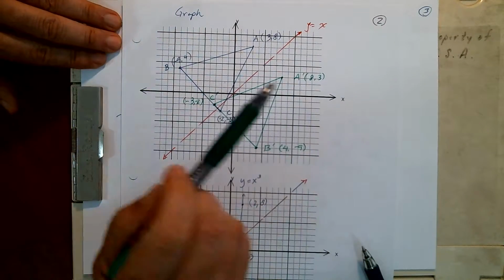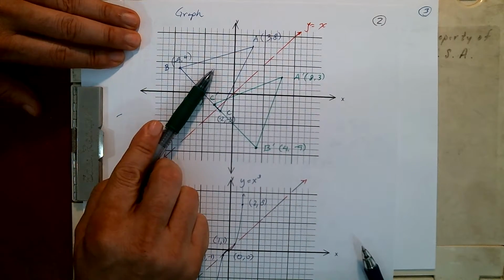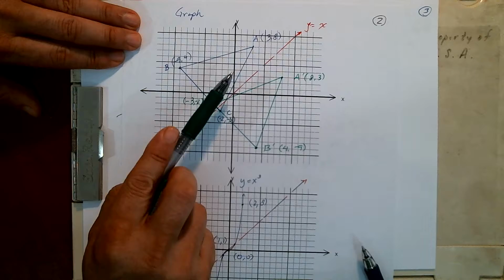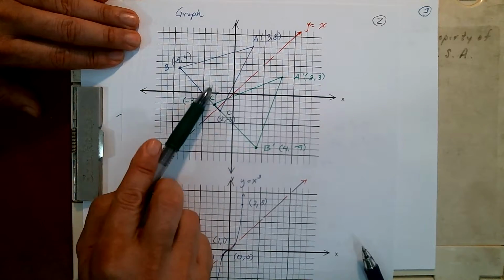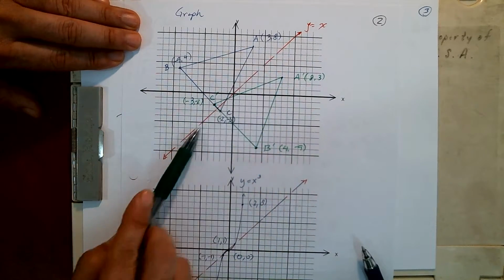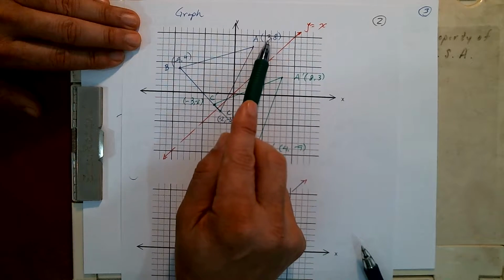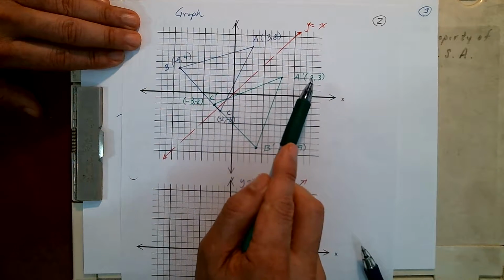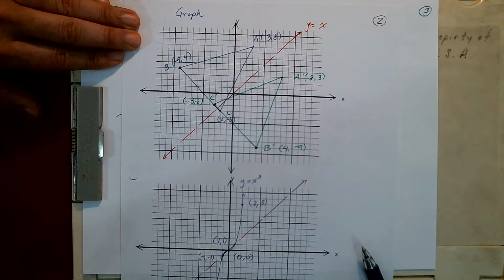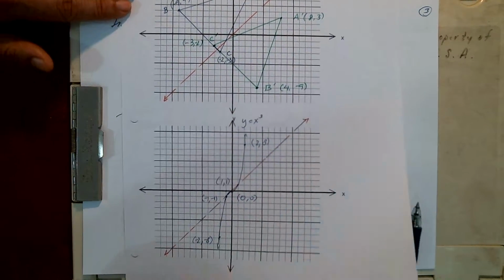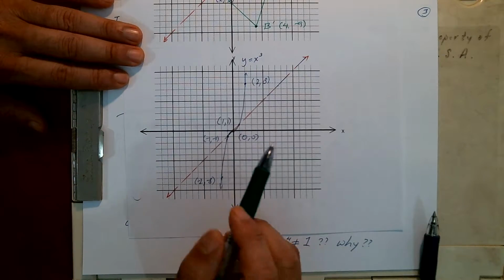So it looks like this blue image, the image of that, this is the pre-image, this is the image, and it looks just like a mirror image across y equals x. So what we literally did was, first, find the coordinate of that point, and then just reverse the x and the y. Okay. Let's do the second one right over here and see how that goes.